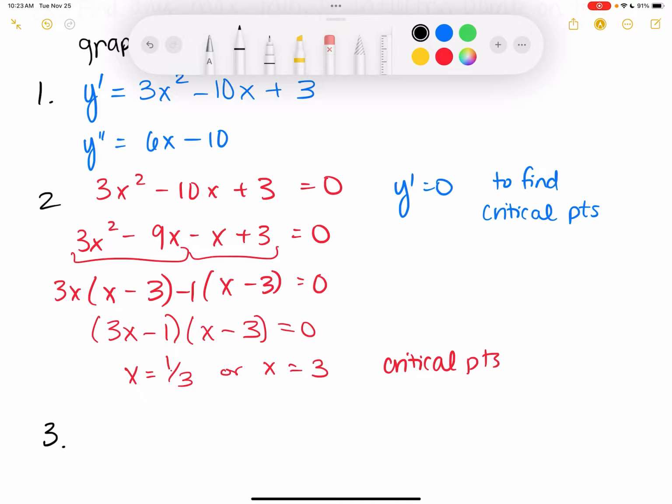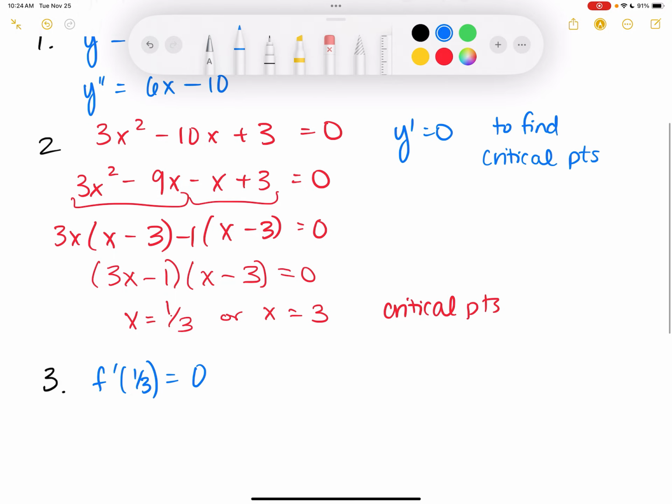The first derivative evaluated at 1/3 is equal to 0, because that means that that's a critical point. Ordinarily I wouldn't necessarily write this, but just for reference here for y. Then we want to evaluate the second derivative at 1/3 to see what's happening.